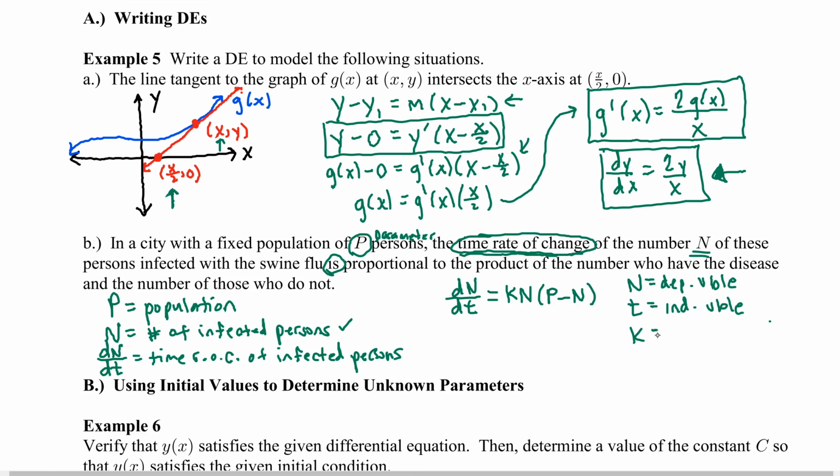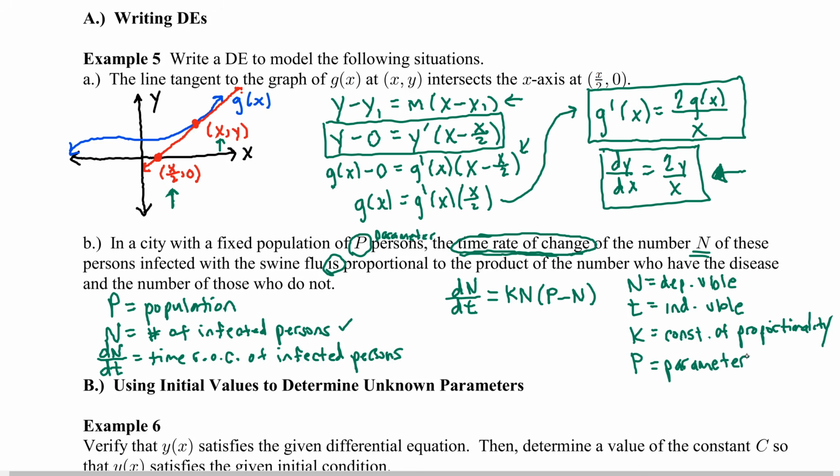K is what we call a constant of proportionality. And P is a parameter, or the population. So K and P could both be classified as parameters.